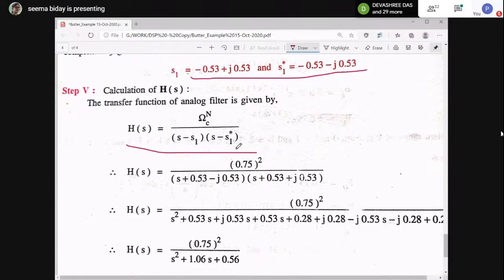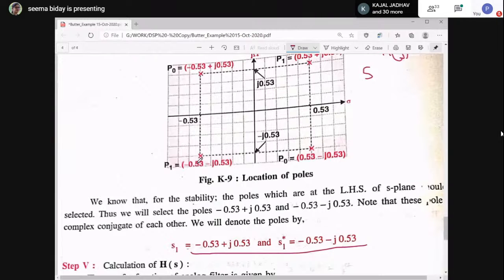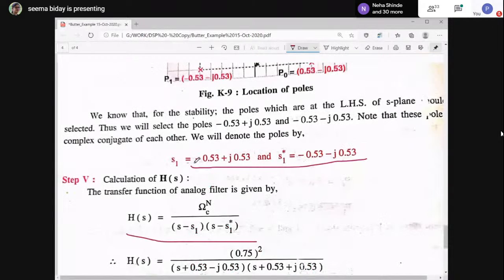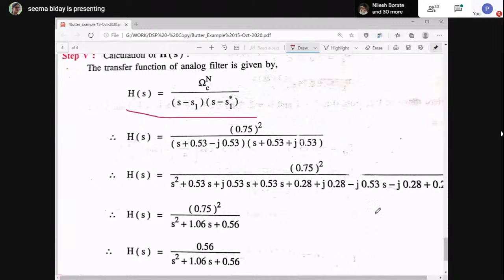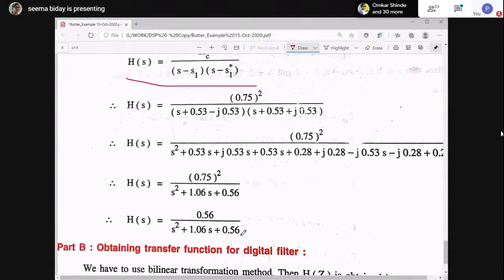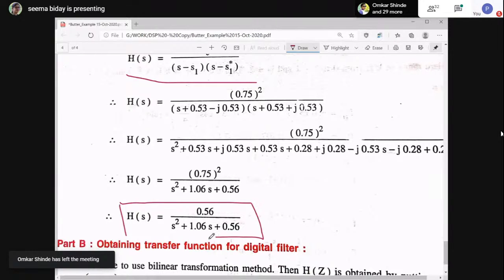These are the two poles, which are on the left side, to have a stable filter. Now you can simplify this and you will get this answer. This is H of s. Now the last step is remaining.